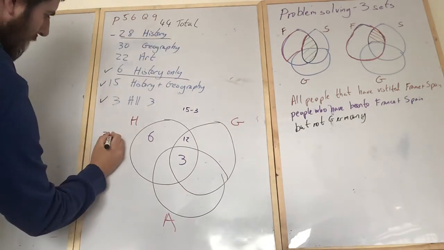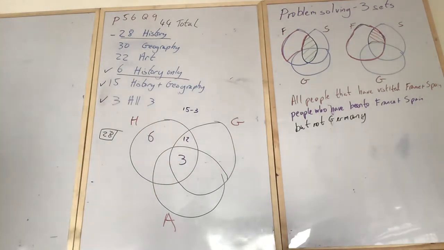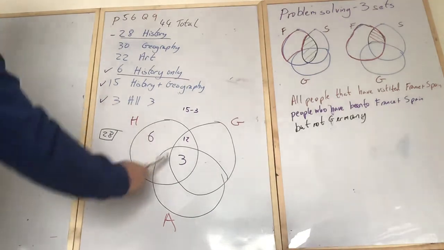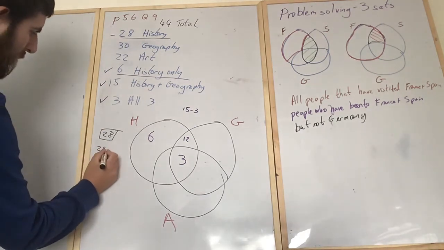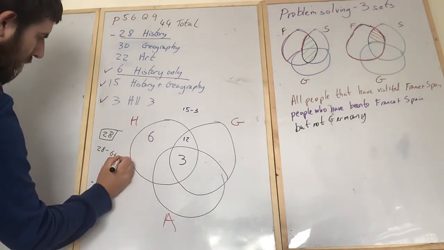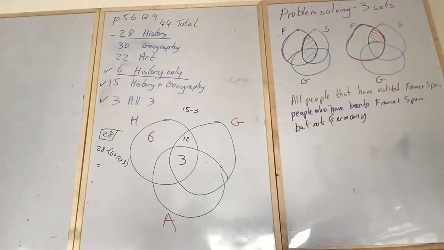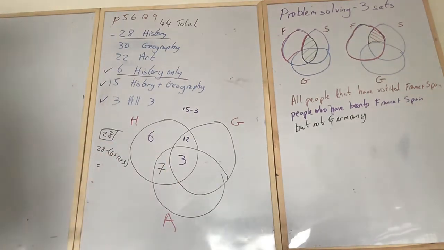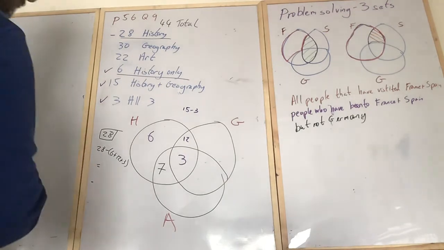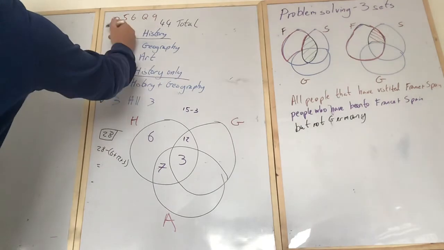So this total here of history, these 4 numbers, and these 3 and another number here will equal 28. So it's going to be 28 minus 6 plus 12 plus 3, 15, 21. So that should be a 7. Okay, actually I'll put it in purple. So we can now take off our history.